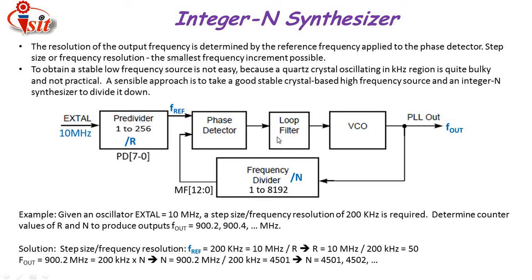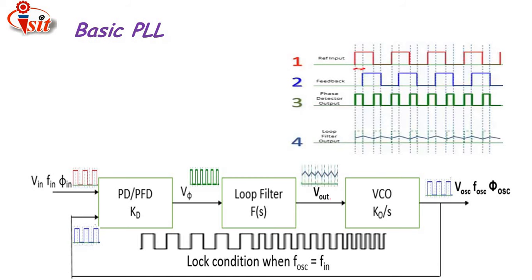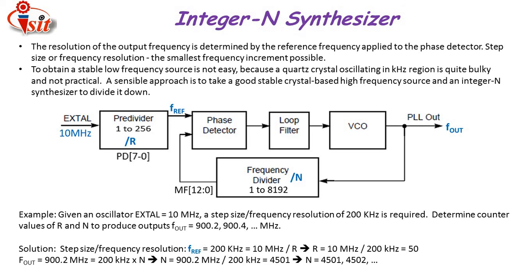The loop filter filters that signal, and the cleaned signal is applied to the voltage controlled oscillator block, which provides us the PLL output. The PLL output frequency we are getting here is represented by the letter F out, and that output frequency is connected back to the input of the frequency divider circuit.